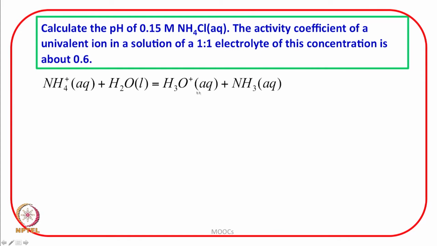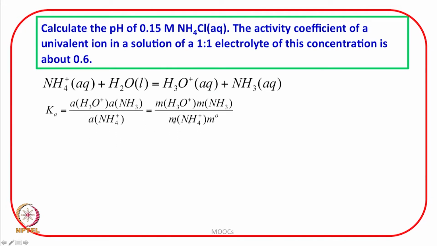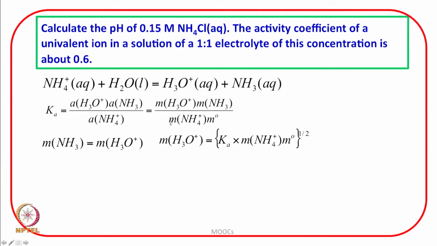We are talking about this reaction, and the acidity is due to this H3O plus, and we just derived this expression. We wrote this expression in terms of molality, and since we equated the molality of ammonia to H3O plus, we eventually came up with this expression.